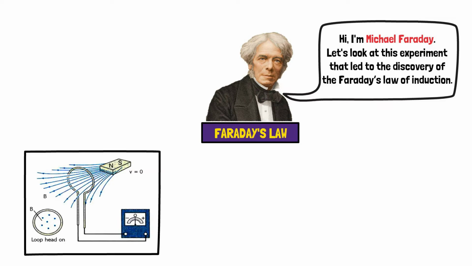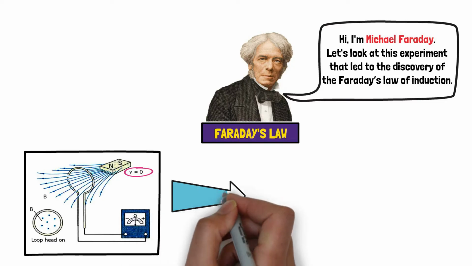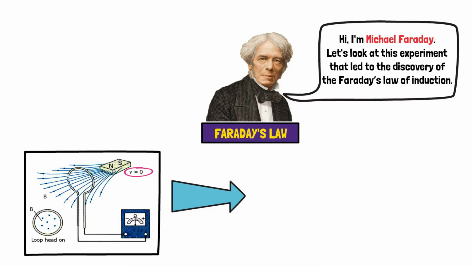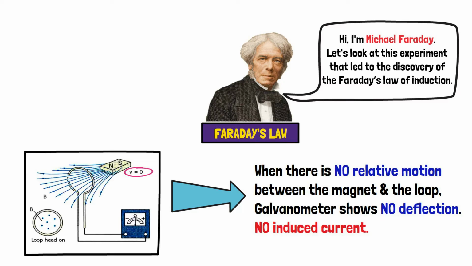Jadi, pada permulaan eksperimen, tiada apa-apa pergerakan yang dilakukan. That's why we write here v is equal to 0. So, apa yang kita nampak bila tiada pergerakan antara bar magnet and the loop.